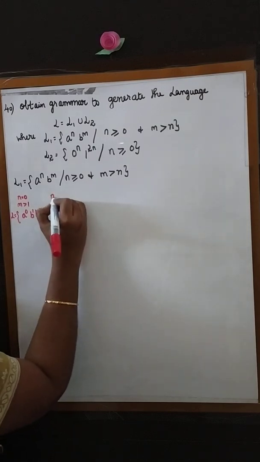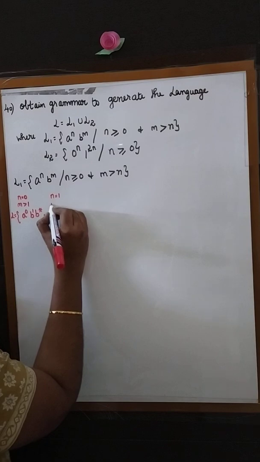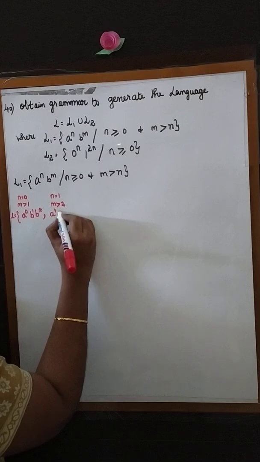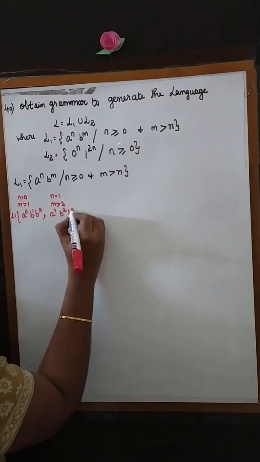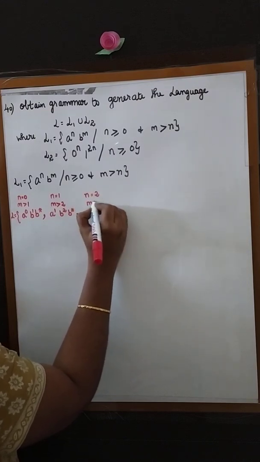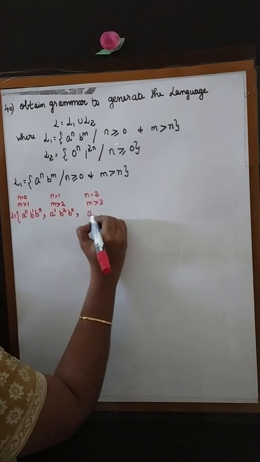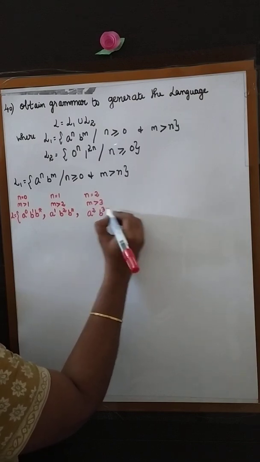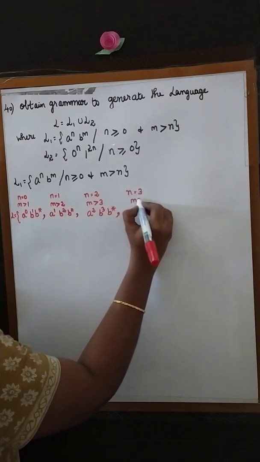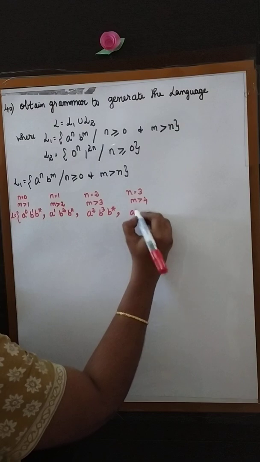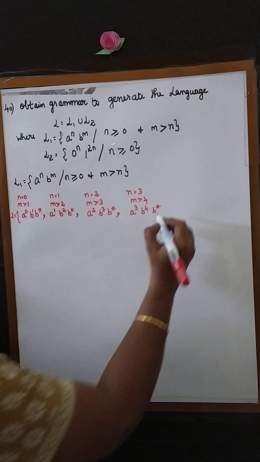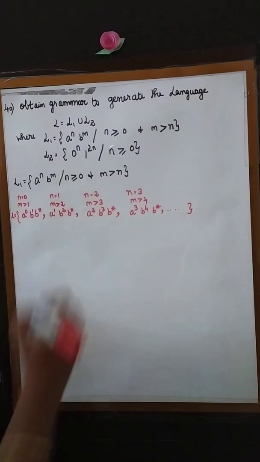When n equal to 1, m should be greater than 2, so I will have a to the power of 1, b to the power of 2 and then b star. When n equal to 2, m should be greater than 3, so I will have a square, b cube and then b star. When n is equal to 3, m will be greater than 4, so I will have a cube, b power 4 and then b star. And then it will go on. So this is my language.